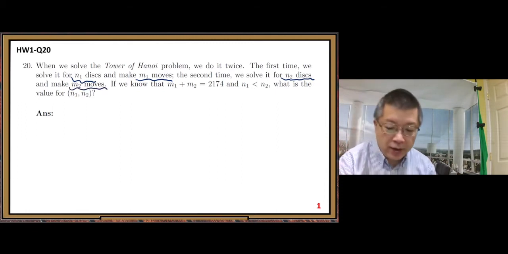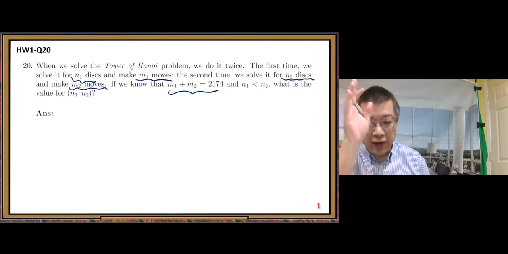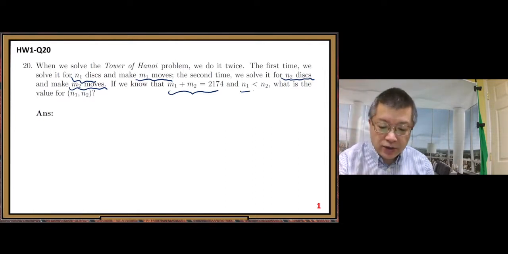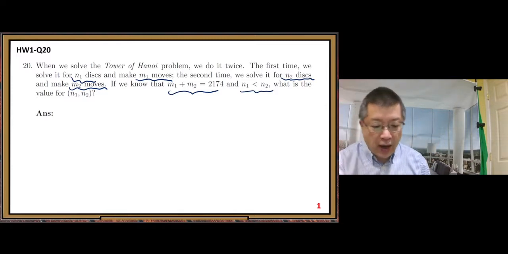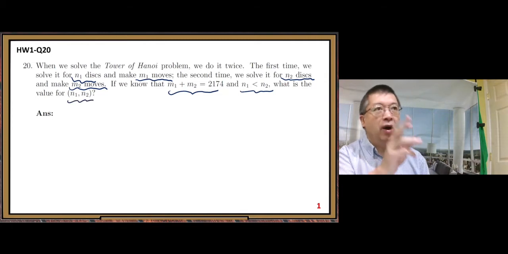Then I tell you M1 plus M2 equals 2174. Also we know M2 is greater than M1. Then I ask you for the pair of numbers N1 and N2.